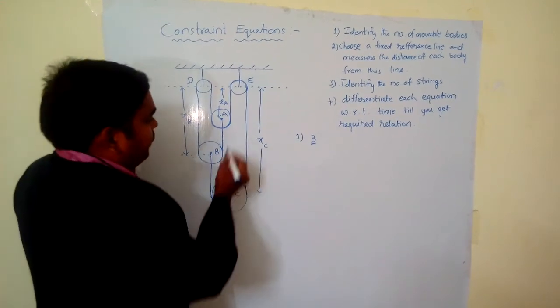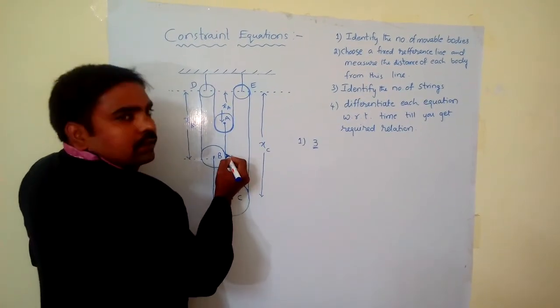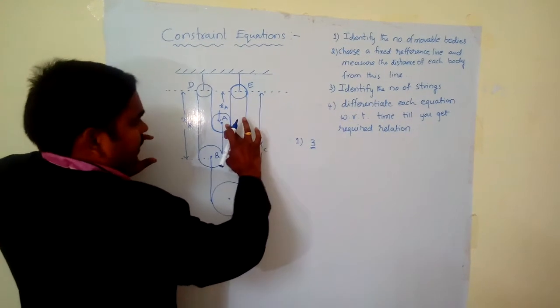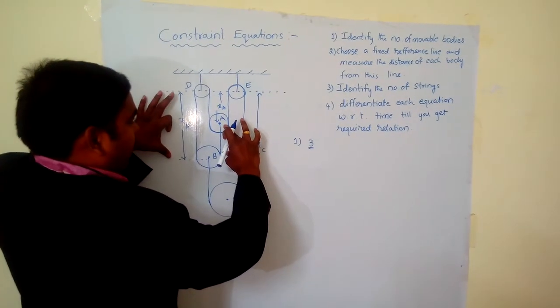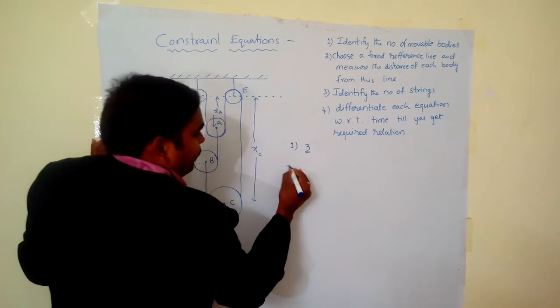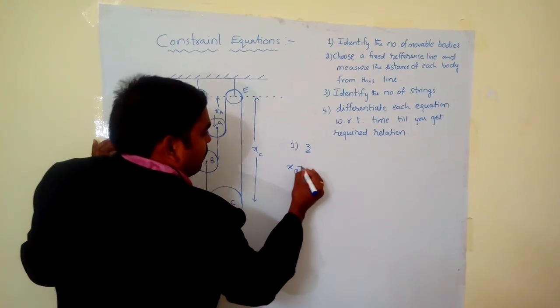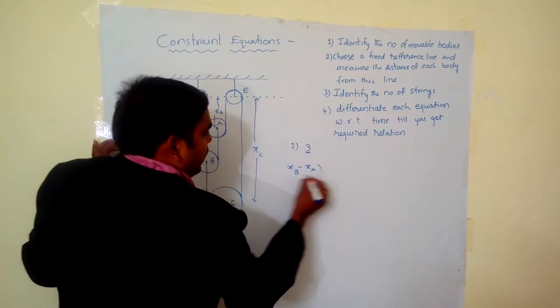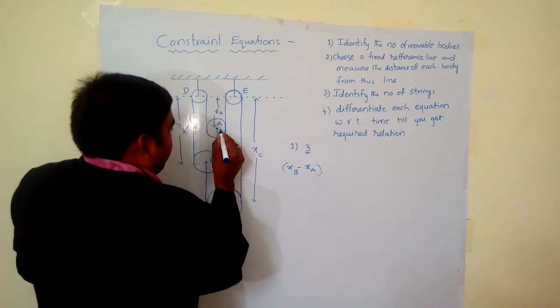So now A to B length I want. I can write this length A to B as XB minus XA. This portion completed.